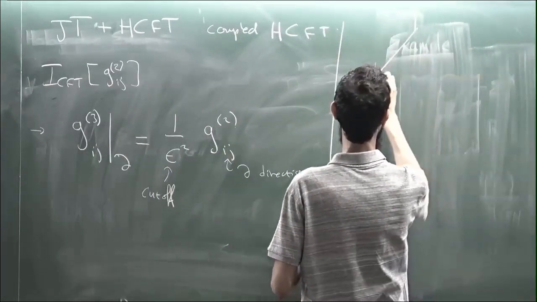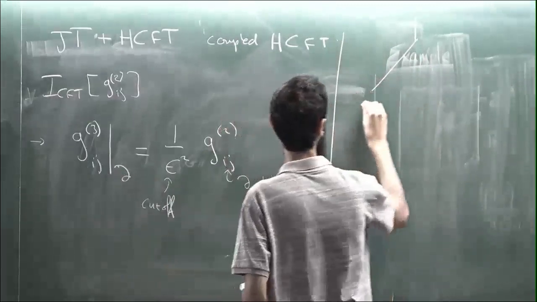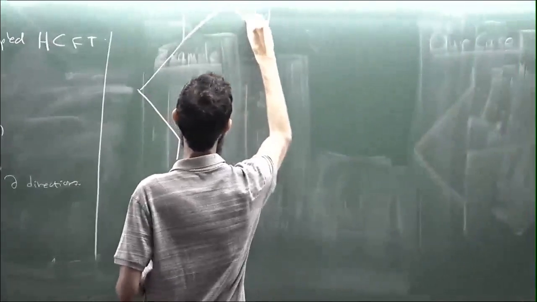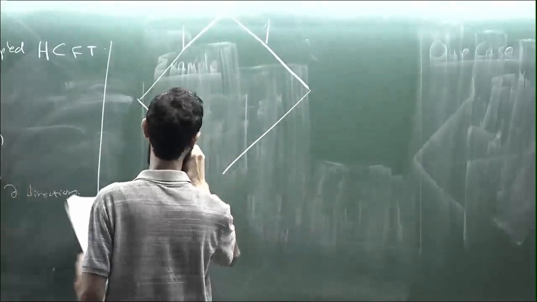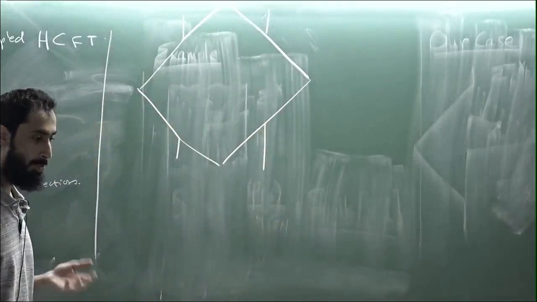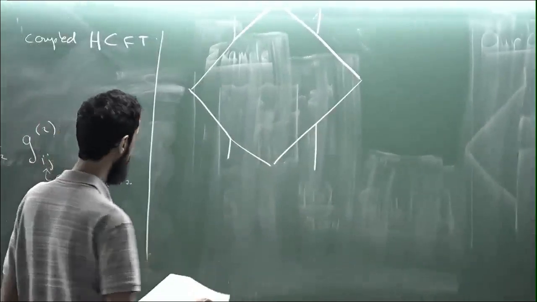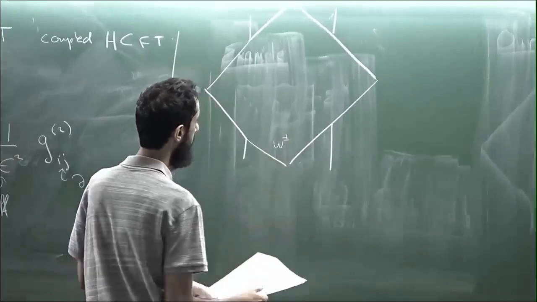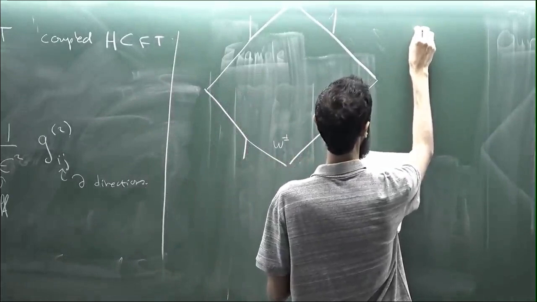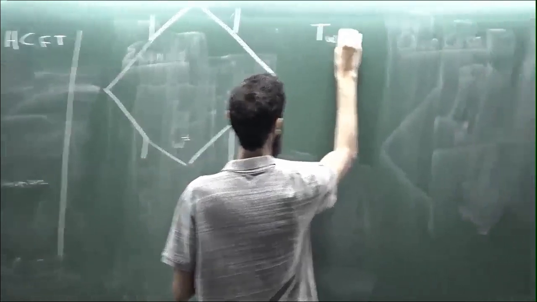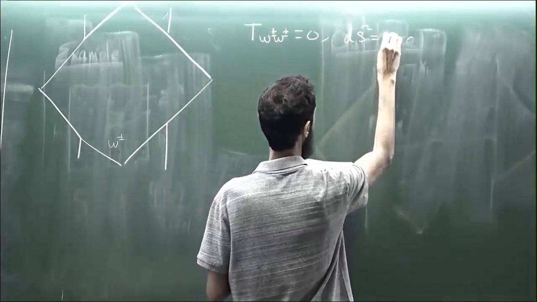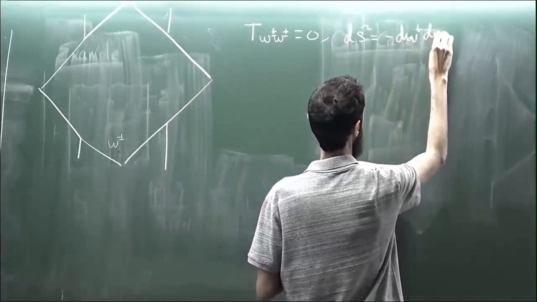I argued in my first lecture that the quantum state in this static spacetime is the vacuum with respect to some coordinate W. So it's a Minkowski space CFT that is in the vacuum with respect to W, with respect to the flat metric ds squared equals minus dW plus dW minus.